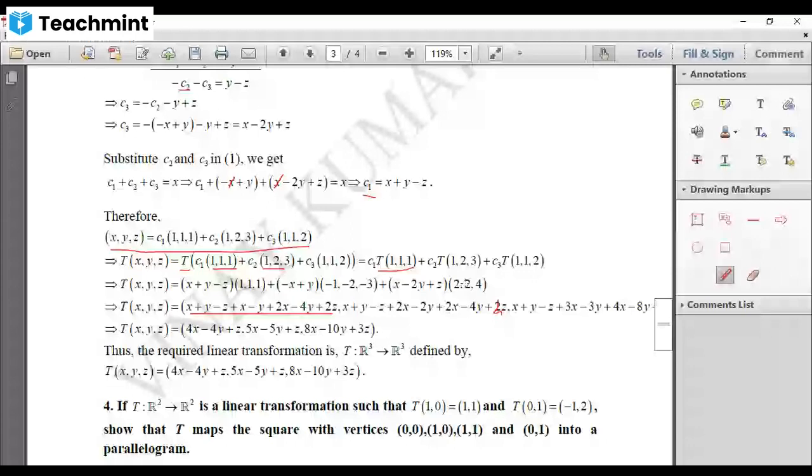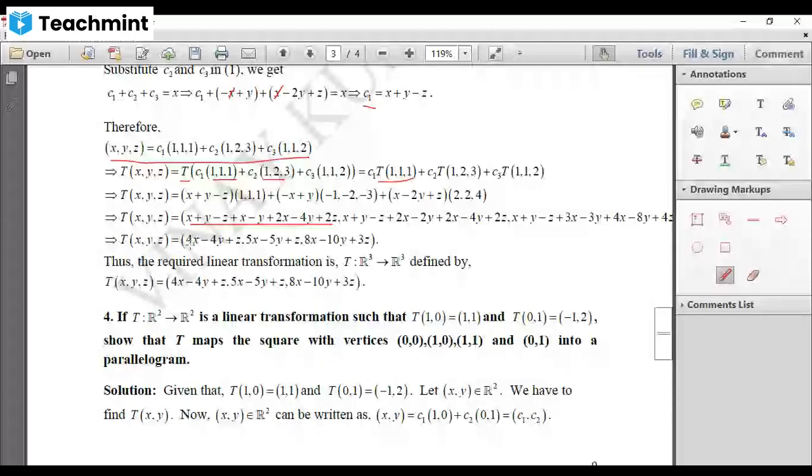Next, x plus y minus z with 1, x plus y minus z. Then minus 3 into this, that is plus 3x minus 3y. Then 4 into this, 4x minus 8y plus 4z. So that gives you 4z. Now simplify that. That gives you this answer.